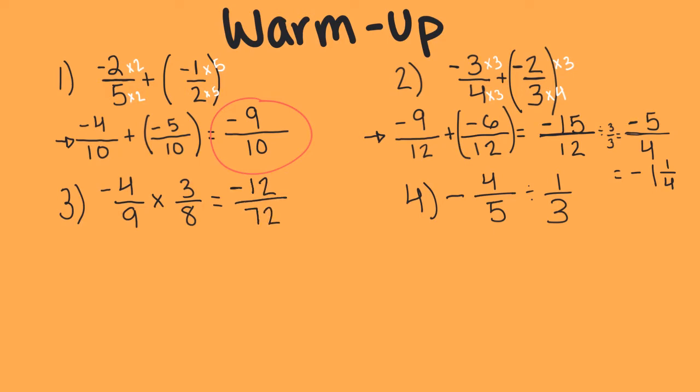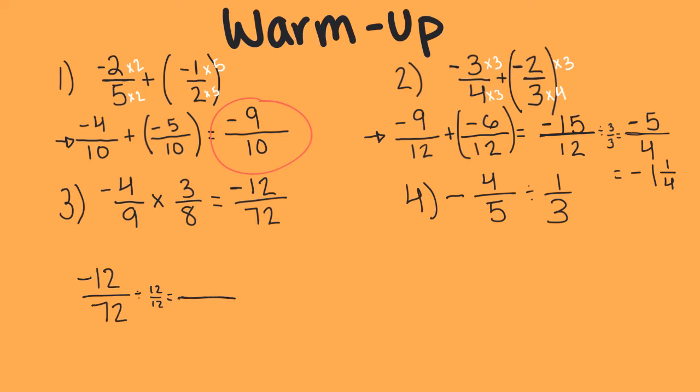Now that I have negative 12 divided by 72, I can go ahead and simplify this. Now, I will tell you that the greatest common factor that these have is 12. So I'm going to divide both of these by 12. Okay, now I have a negative divided by a positive value.